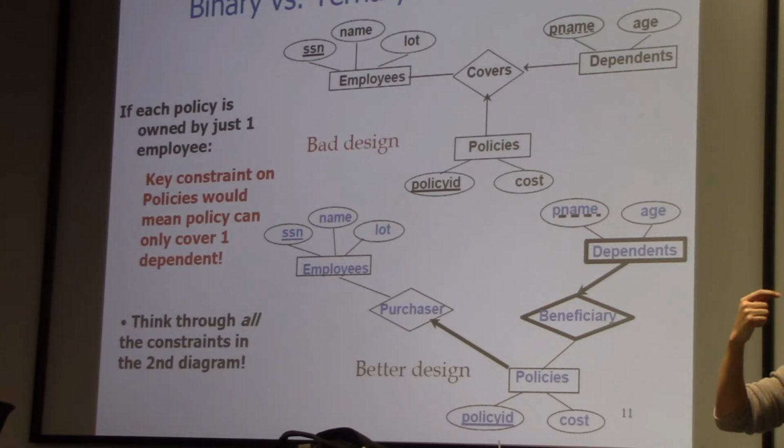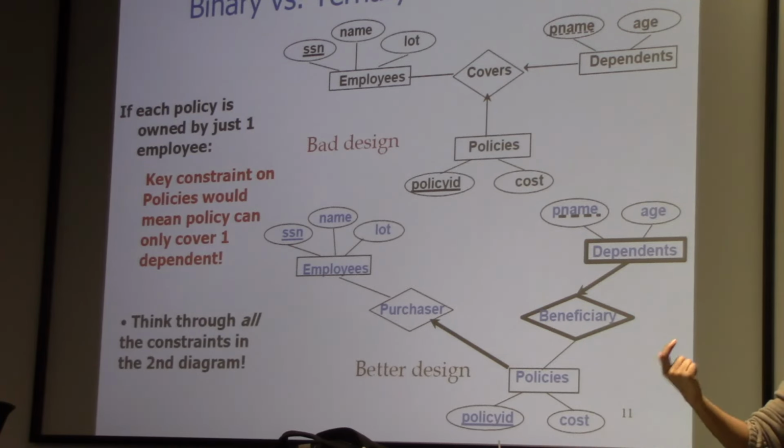We talk about binary relationship set and ternary relationship set, and even possibly extending this to a relationship set that connects more than 3 entity sets, right? So let me give you an example of that. Suppose I have the design on top. I have employee, one-to-many mapping between the two.